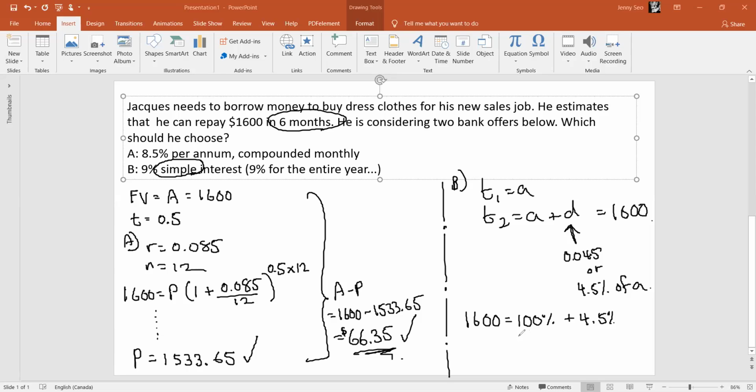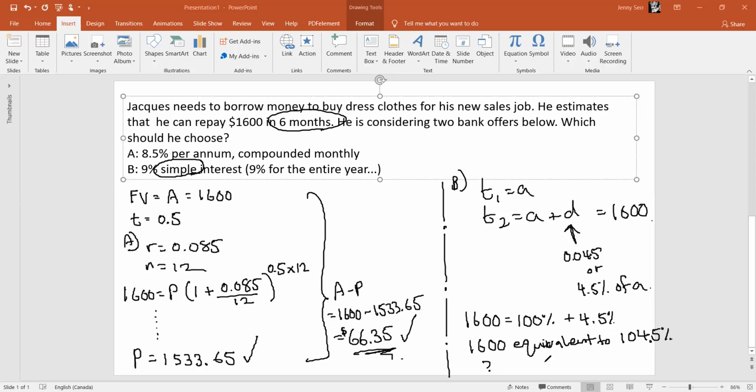That represents 1600 is equivalent to 104.5%.